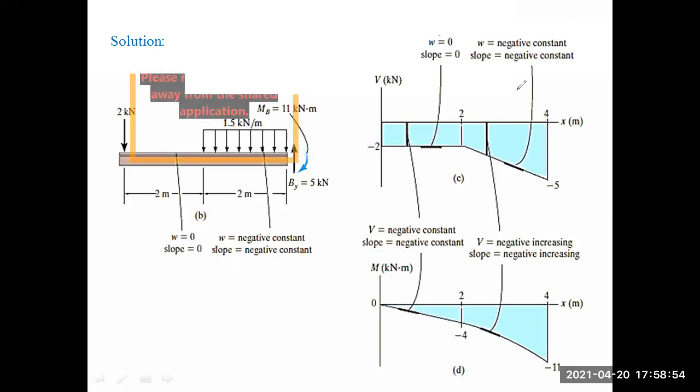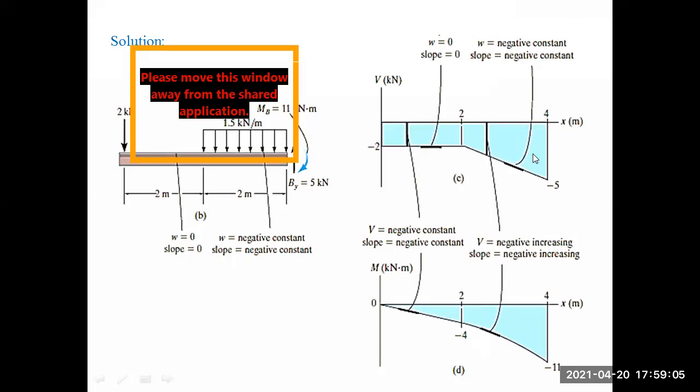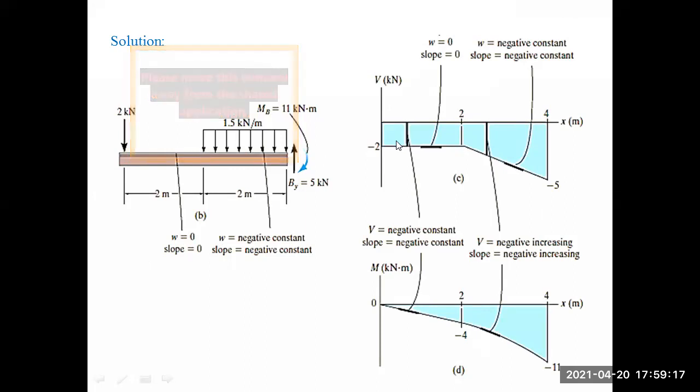Even for the shear force, I didn't tell you, you could do the same. How could you do the same? I told you that the force is constant. The shear force doesn't change. So this doesn't change. Now I need to know about the value. 2 you could easily know.